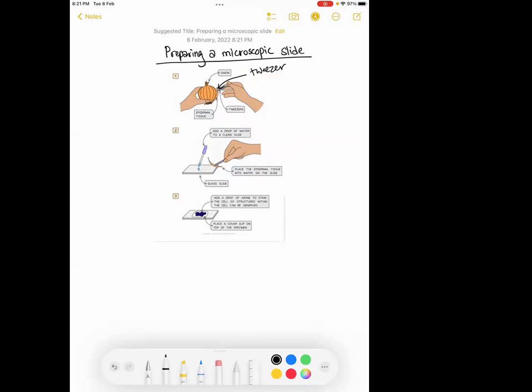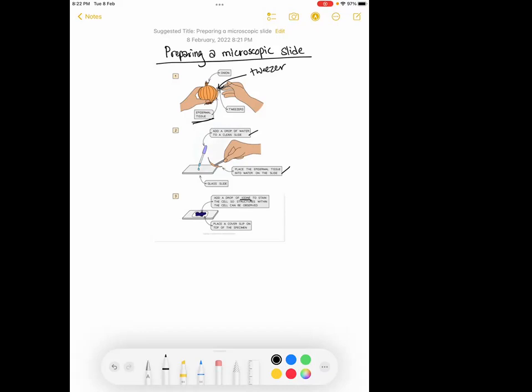And then simply বাইরে যে পাতলা skinটা, which is the epidermal tissue, ওটা নিয়ে একটা glass slide এর উপর a drop of water first add করছে, and then এই epidermal টিস্যুটাকে place করা হয়েছে ওই পানিটার উপরে, and then you put the stain. So stain হচ্ছে এখানে iodine.